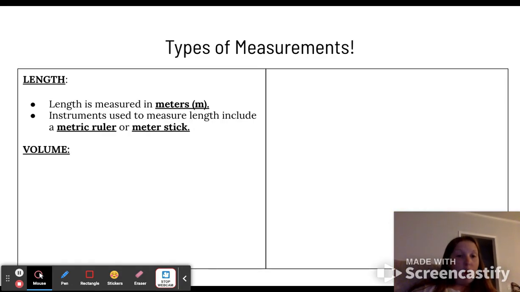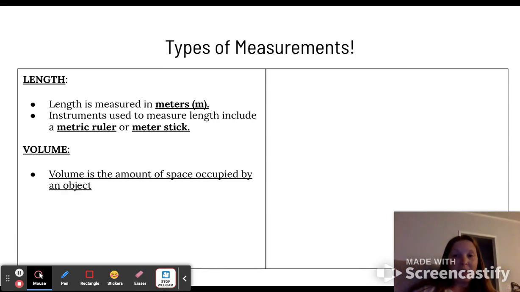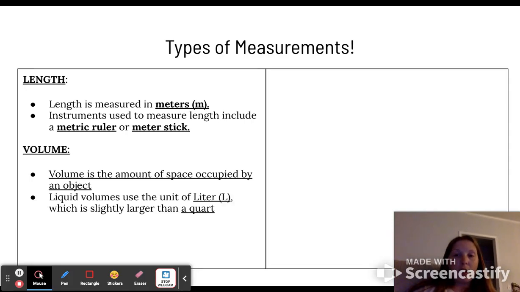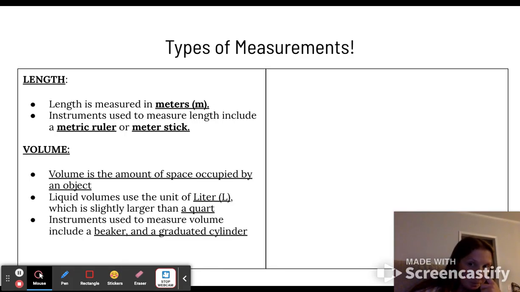Our next one is volume, and volume measures the amount of space that an object takes up. So it's the amount of space something has. And liquid volume, which is what we normally will measure in the class, is measured in liters. And this is slightly larger than a quart, but you don't really need to worry too much about that conversion there.